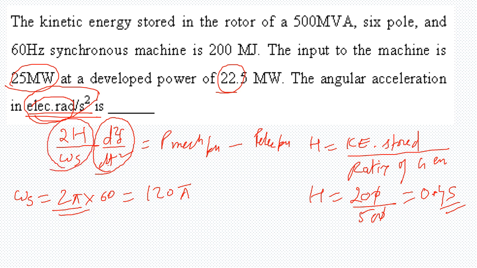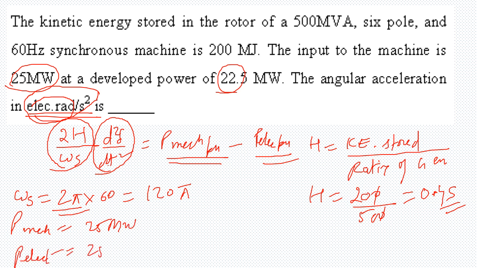Now we are left with P mechanical per unit and P electrical per unit. How to calculate this? We have P mechanical, which is 25 megawatt, and P electrical, which is 22.5 megawatt. These two are given to us. First you can subtract these two.